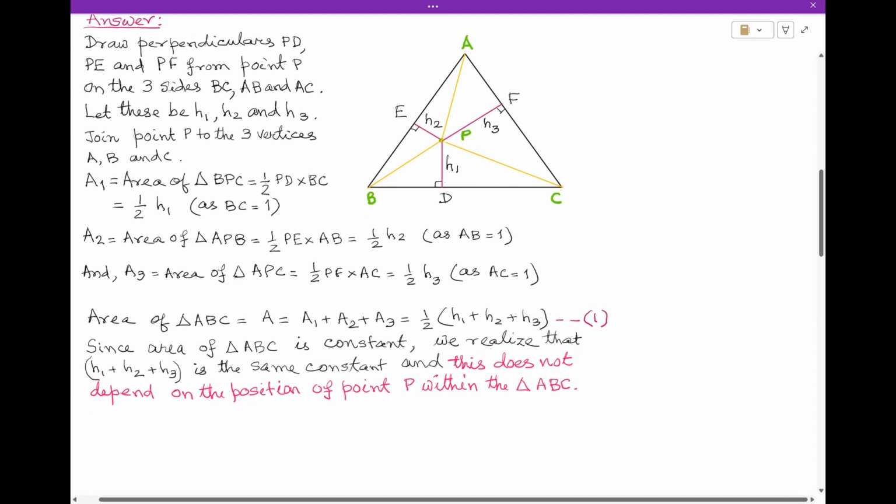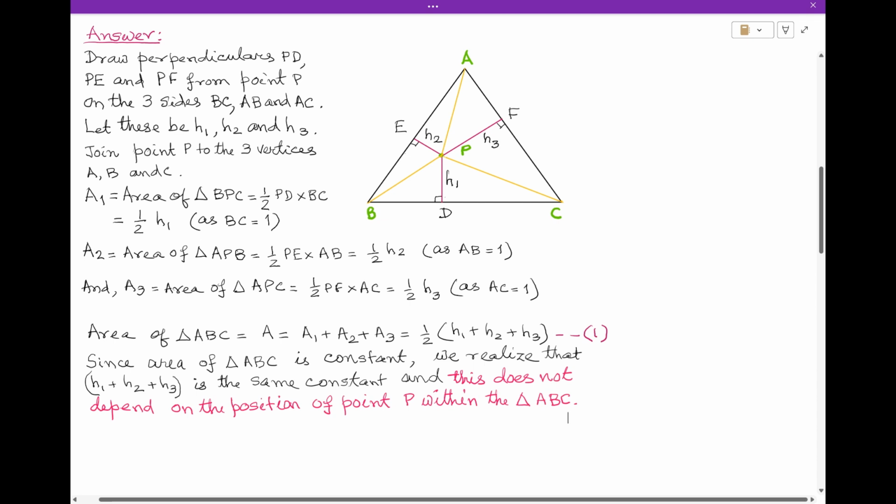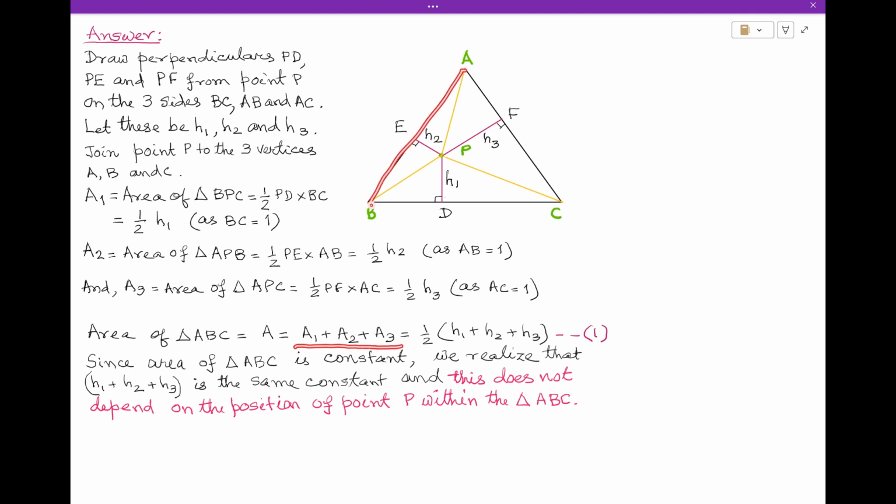Now the area of ABC, A, is equal to A1 plus A2 plus A3 because this whole triangle consists of three areas, this, this and this. Therefore, A is equal to A1 plus A2 plus A3, which is half multiplied by H1 plus H2 plus H3.